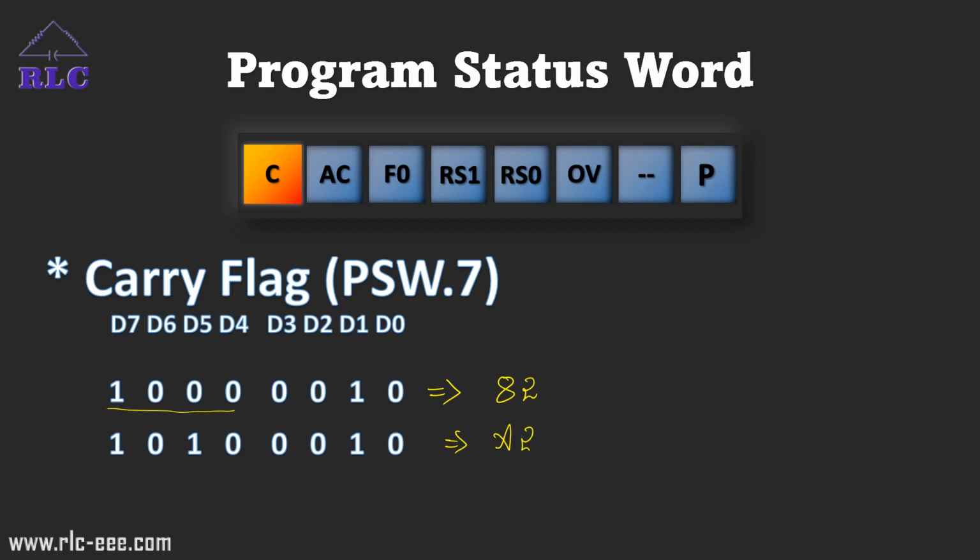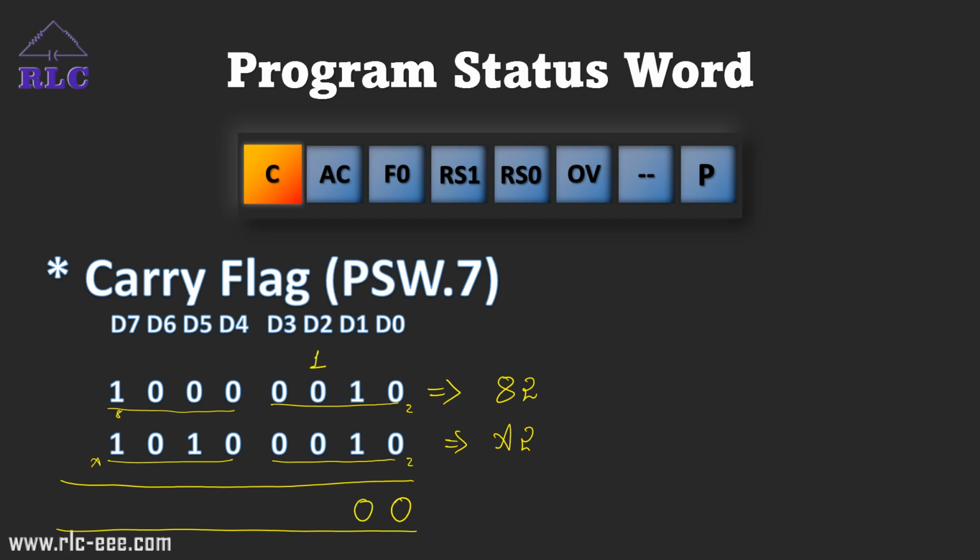This is 8 and 2, this is A and 2. We'll perform the addition operation and see how it goes. 0 plus 0 is 0. Then 1 plus 1 is 0 with a carry of 1. Then 1 plus 0 plus 0 is 1.